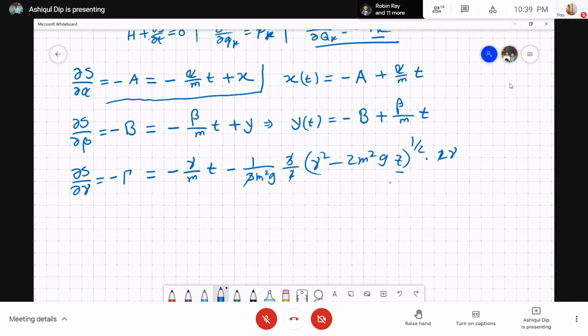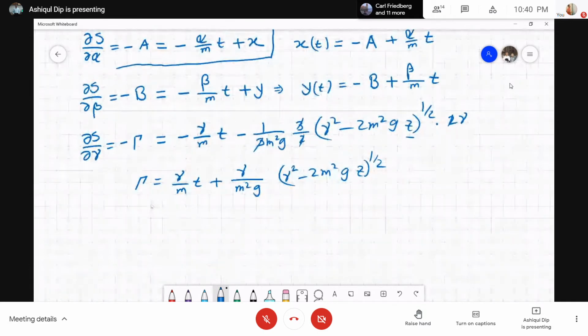So you have big gamma equals small gamma by mt, plus small gamma divided by m square g into gamma square minus 2 m square g z, whole to the power half. Now you invert all of those things.